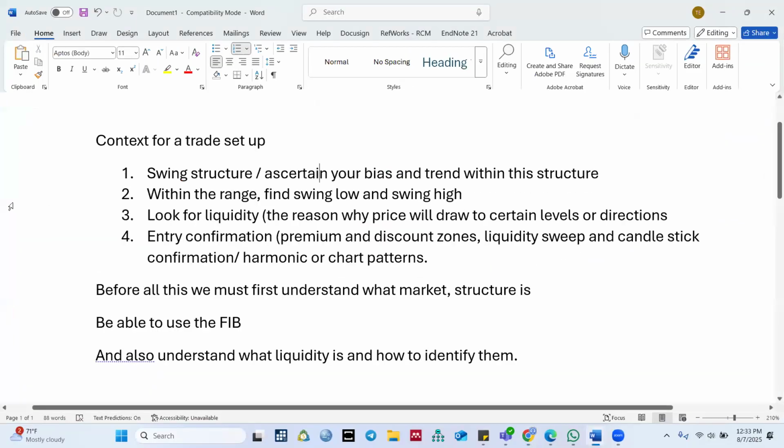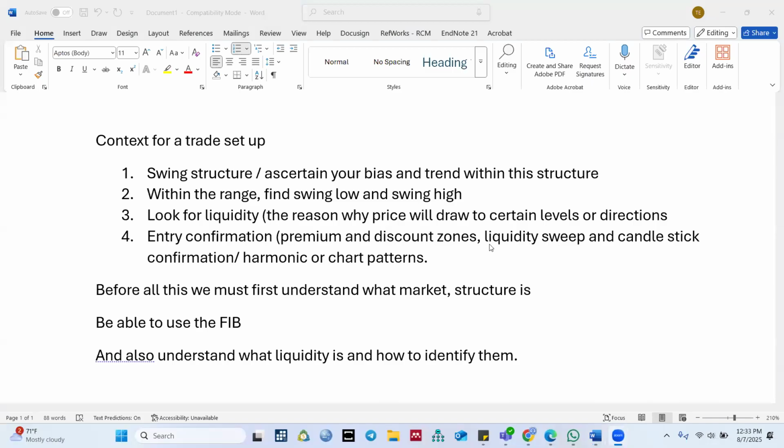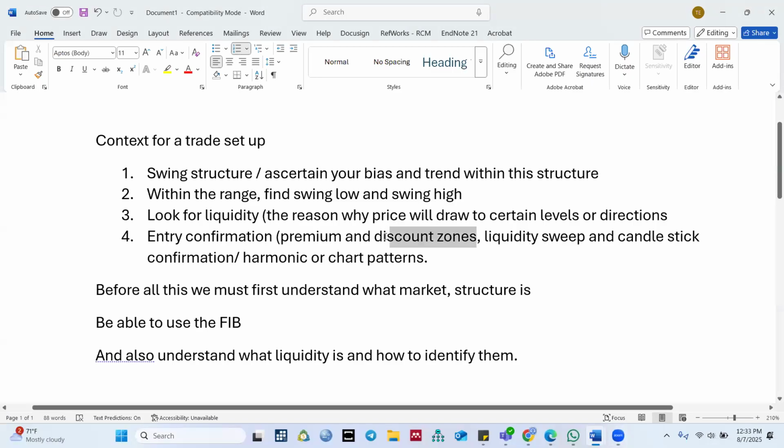Then you look for entry confirmation. You look for your liquidity sweep in the discount zone. This is the discount zone in a bullish situation. You look for liquidity sweep, candlestick confirmation, or harmonic patterns or chart patterns.